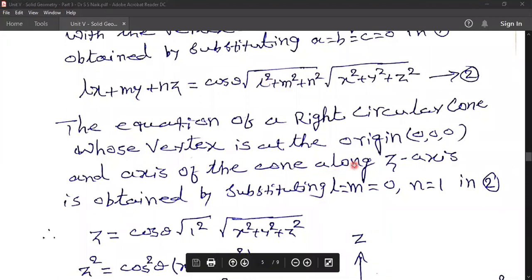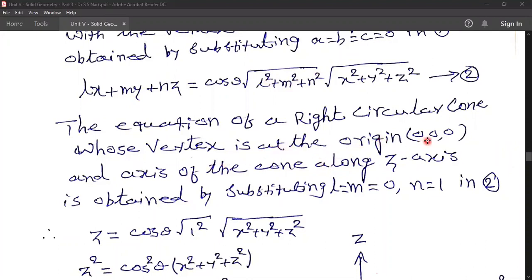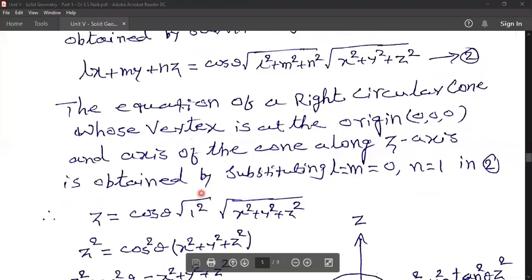Then in particular, the cone whose vertex is at the origin and axis along z axis is obtained by substituting L is equal to M is equal to 0 and N is equal to 1 in equation number 2.